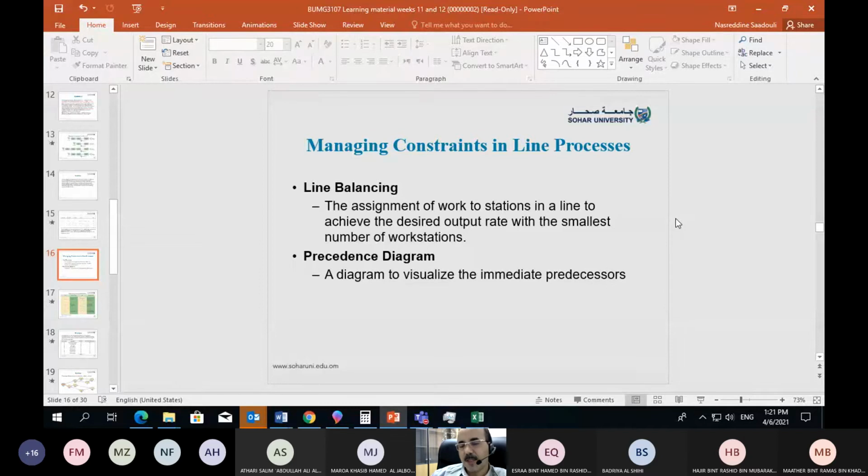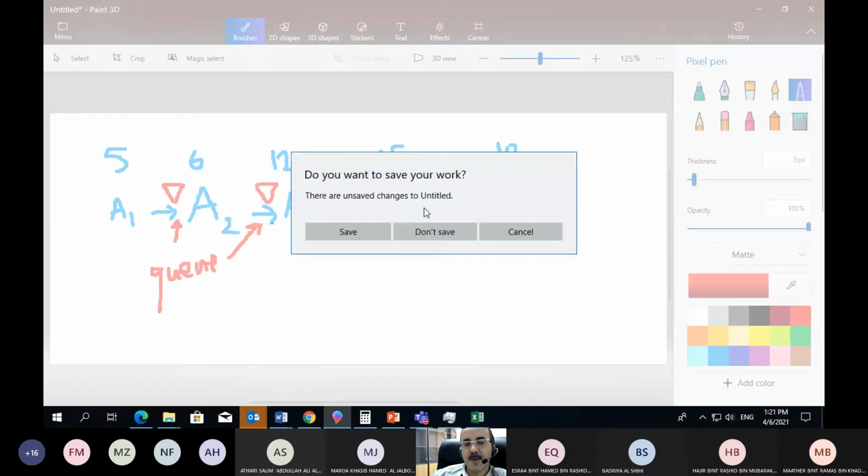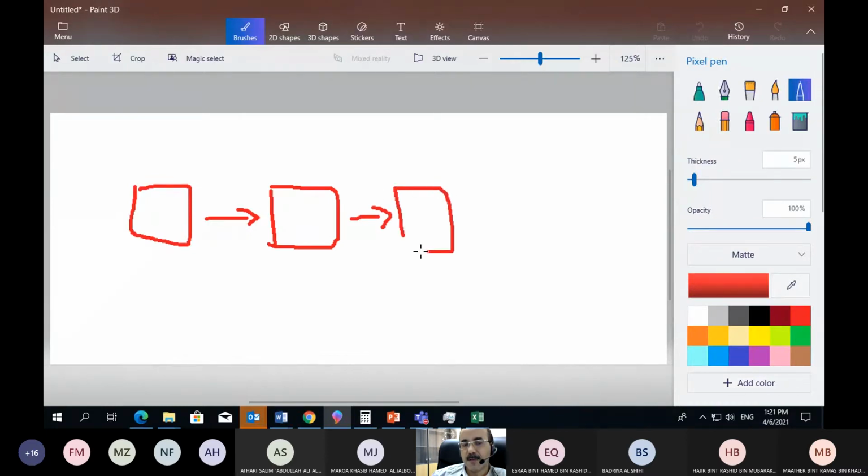Now, as we mentioned at the beginning of the previous hour, when I have a difference between the processing capacities of different operations, like for instance in the earlier example of stations 1, 2, and 3 that require 2 minutes, 5 minutes, and 3 minutes, how do we deal with this problem?